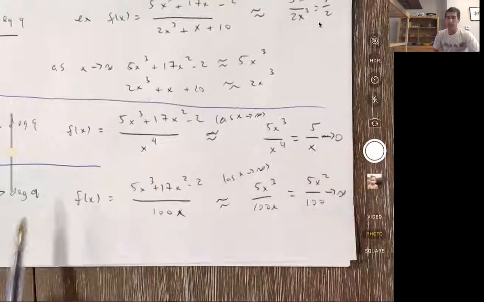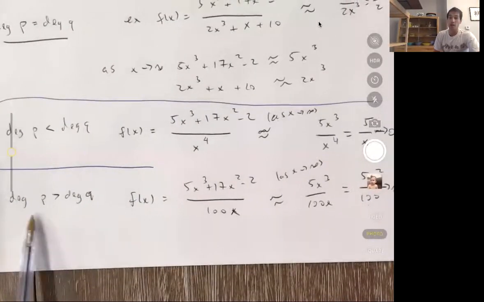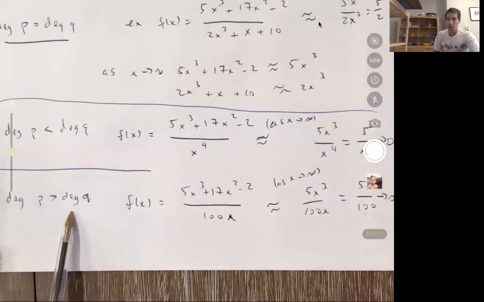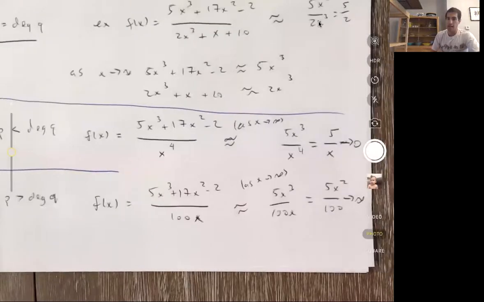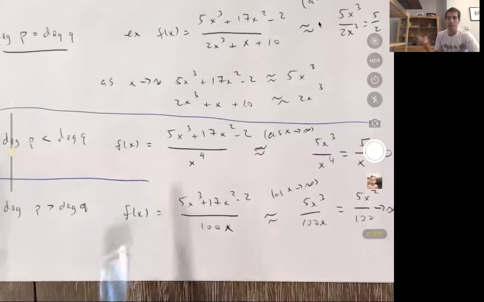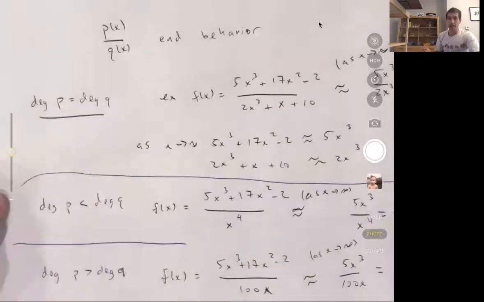So basically, this is the only situation where there's not going to be a horizontal asymptote. If the degree of p is bigger than the degree of q, then your function is going to tend to either positive or negative infinity. It's going to get very large, or if this was a negative 5x cubed, it would get very negative.